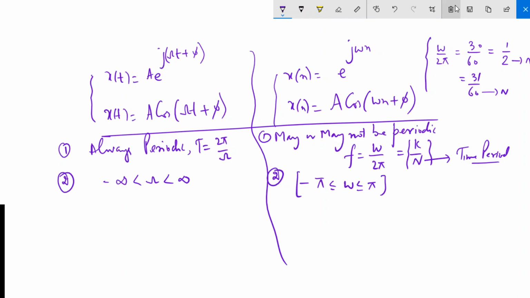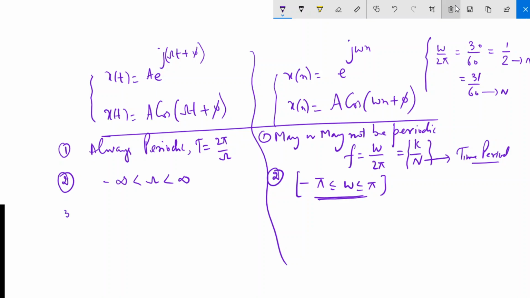This is the fundamental frequency range. All the discrete-time sinusoids will have frequency within this band only. Any frequency which is beyond this band will be an alias frequency. It means you will get a similar signal within this band. So this band constitutes all the frequencies of discrete-time sinusoids.